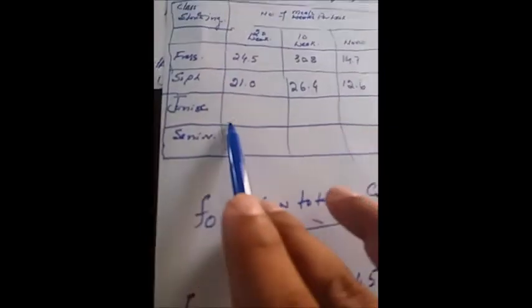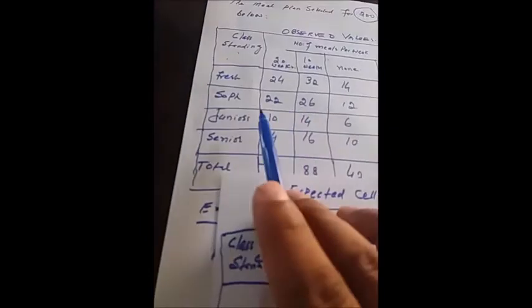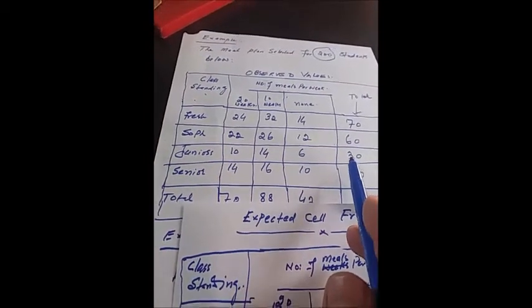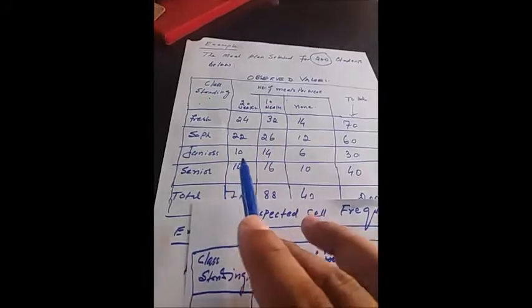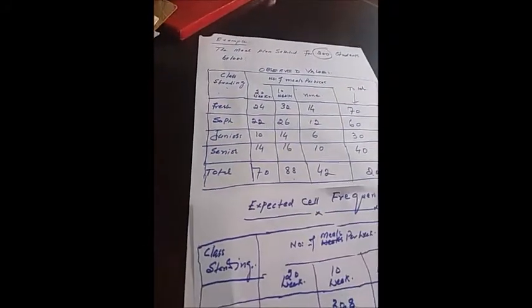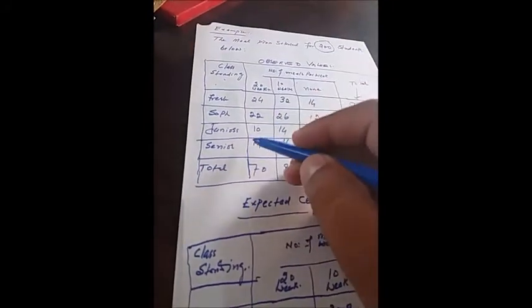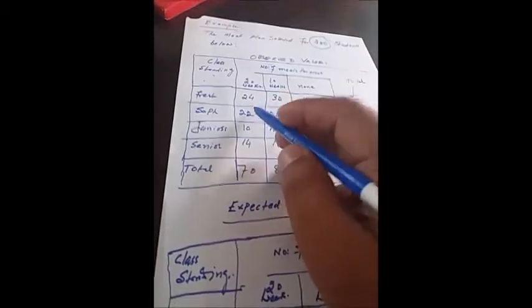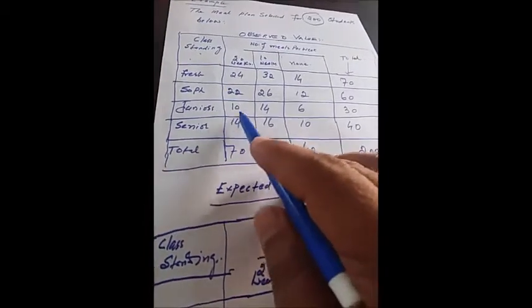We have to obtain the results for juniors from this observed value table. So for the juniors, the row total is 30.